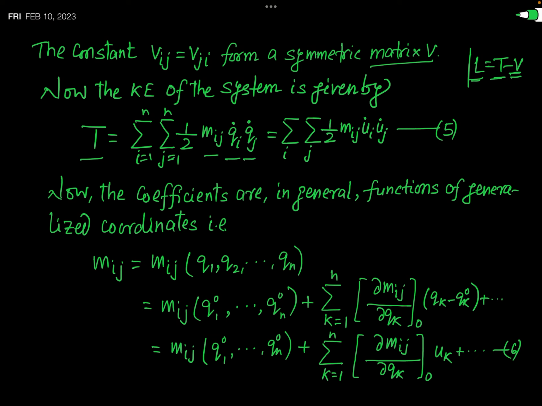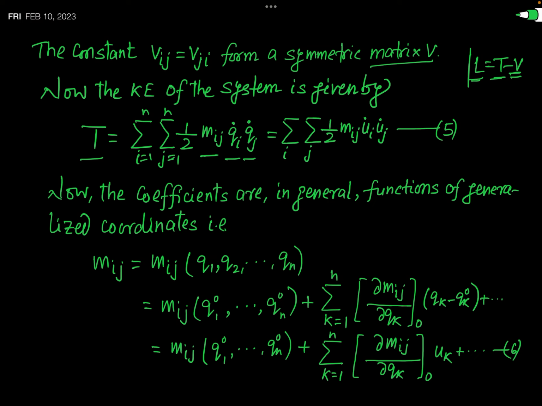Qi dot and qj dot are both generalized velocities, and this coefficient Mij is actually at the place of mass.